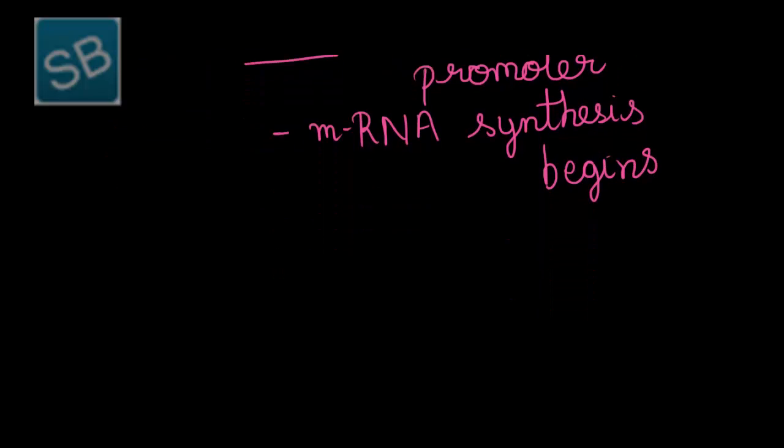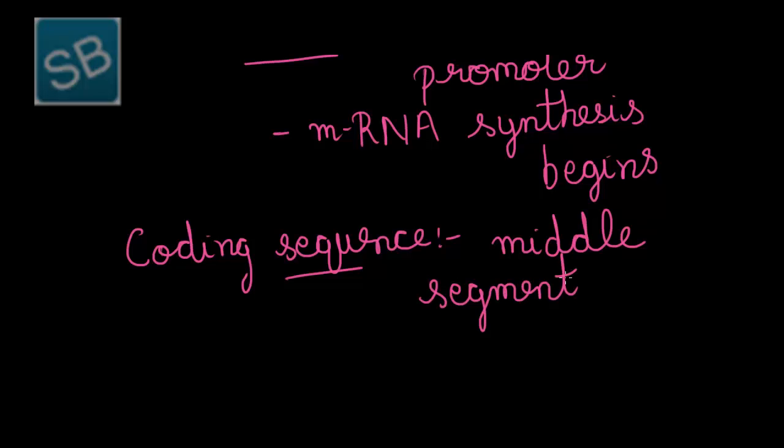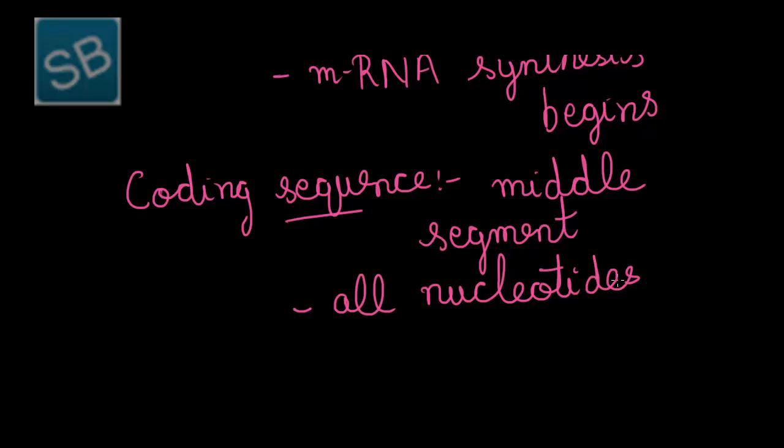Then the third region, the coding sequence, is located at the middle segment of the gene. The main function of this is that all the nucleotides that are present are copied into the mRNA.